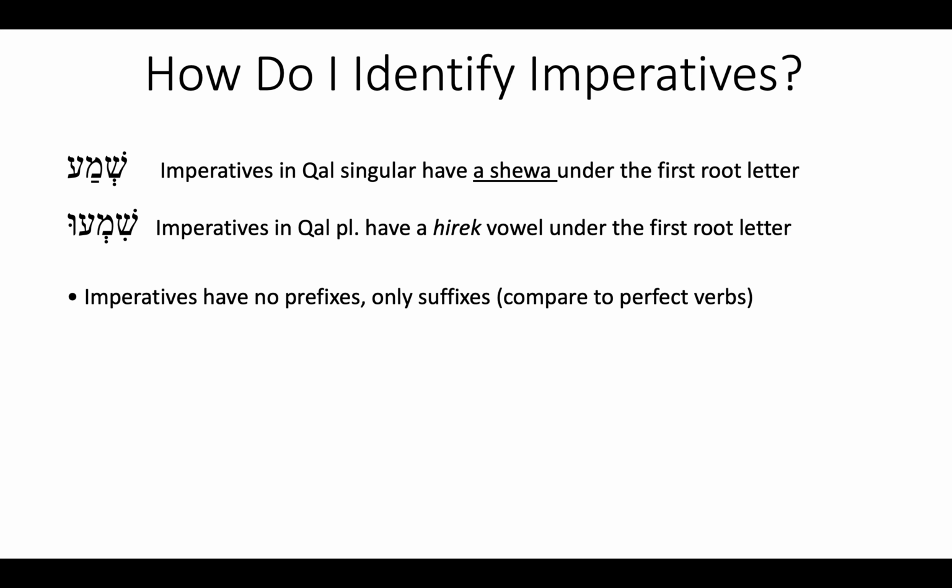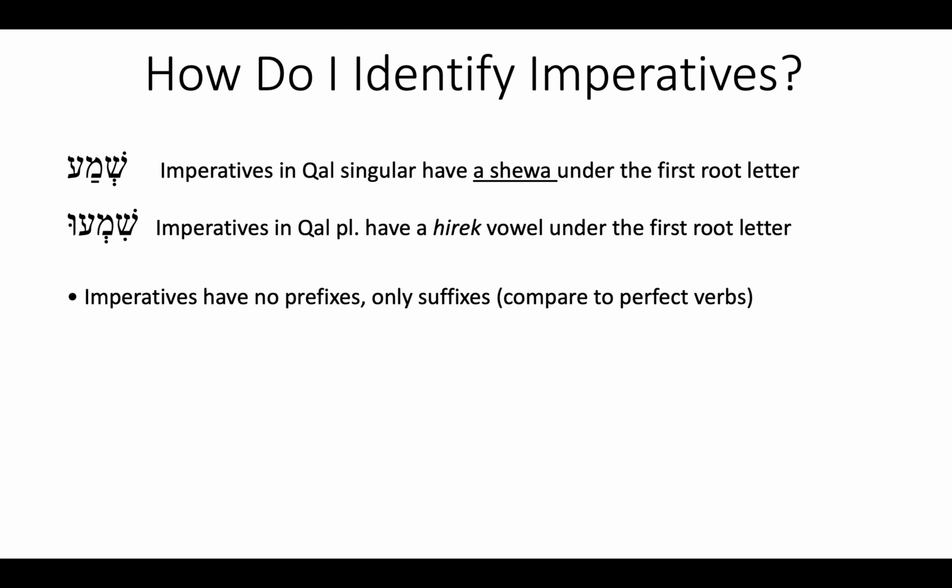Imperatives have no prefixes, only suffixes. So you would not, I don't think, confuse this with an imperfect verb or a verb consecutive or a jussive. Your only potential confusion is with perfect verbs. So just something to keep in mind.